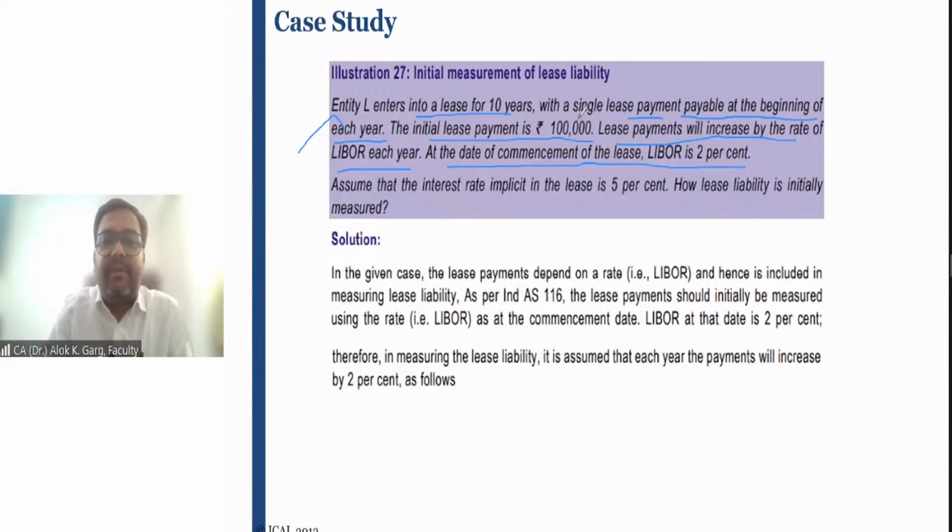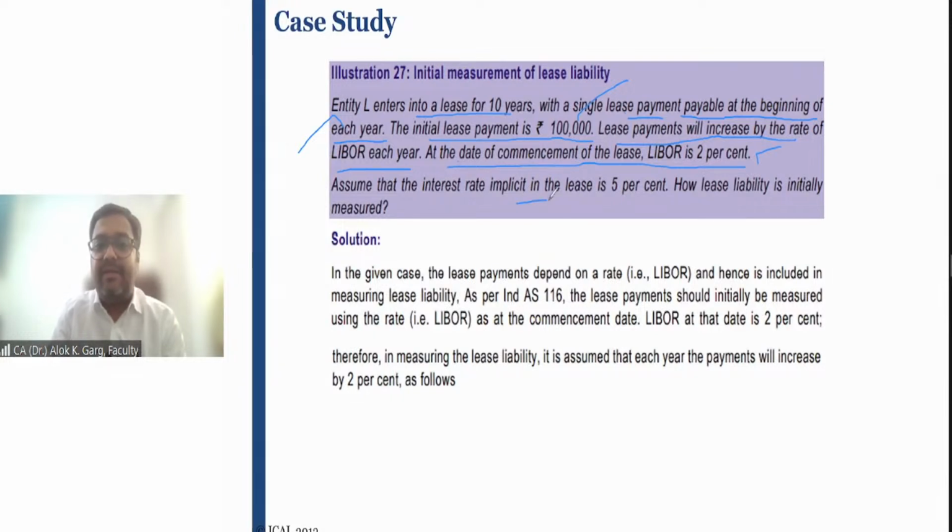The initial lease payment is 1 lakh rupees. Lease payment will increase by the rate of LIBOR each year. This is a variable escalation, but it depends on an index, which is LIBOR, London Interbank Offer Rate. At the date of commencement of the lease, LIBOR is 2%.